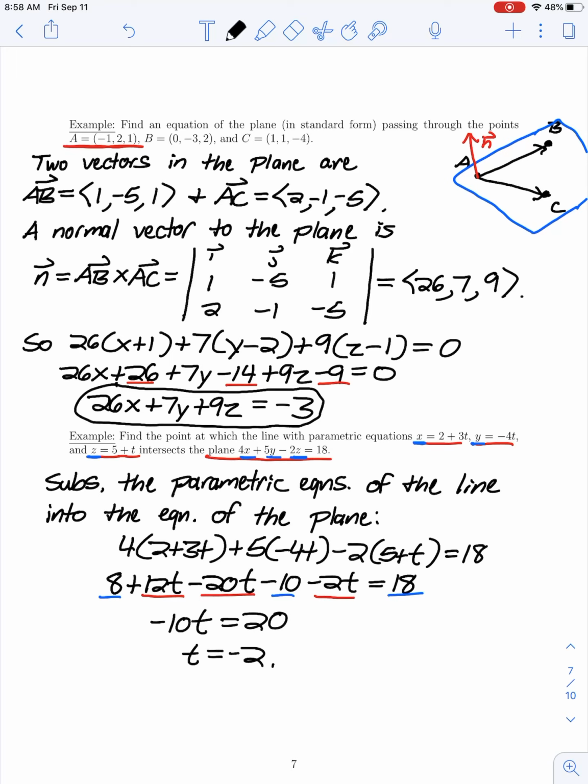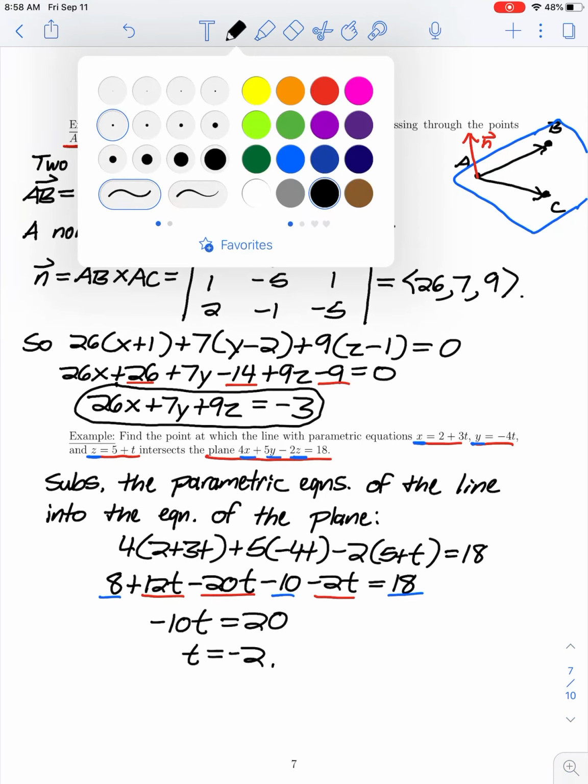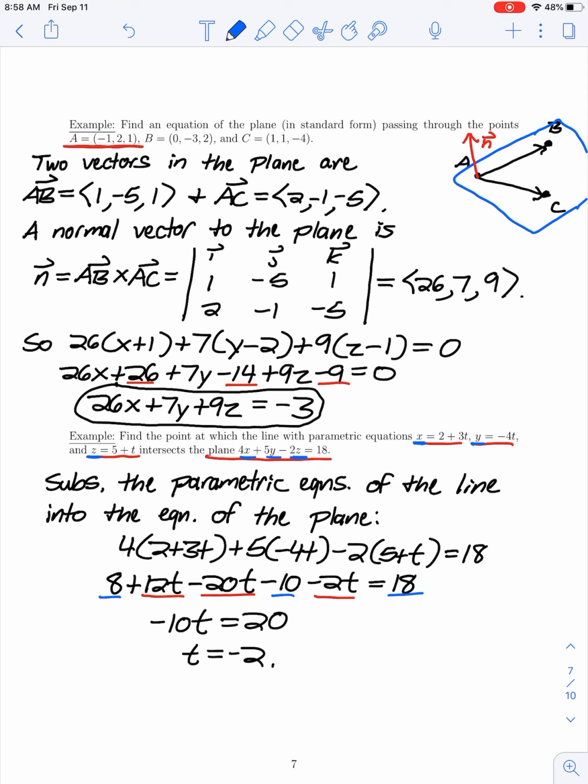So once I have the value for t that represents the point of intersection of our line with our plane, to get the x, y, and z coordinates for that point, I can take this value of t and substitute into my parametric equations for x, y, and z.